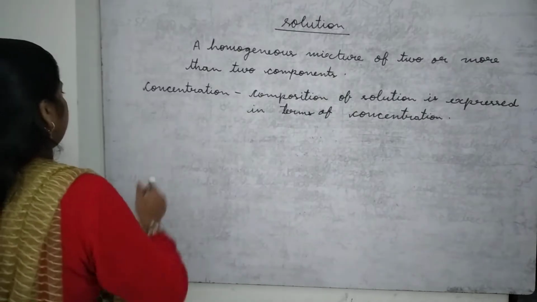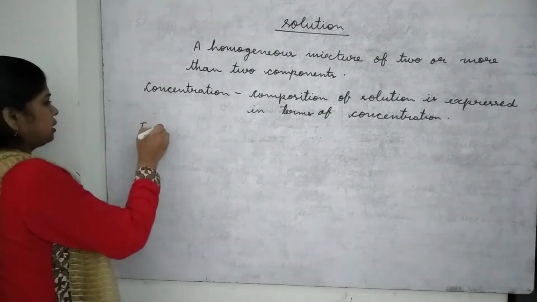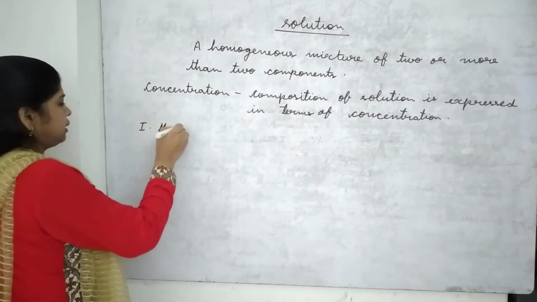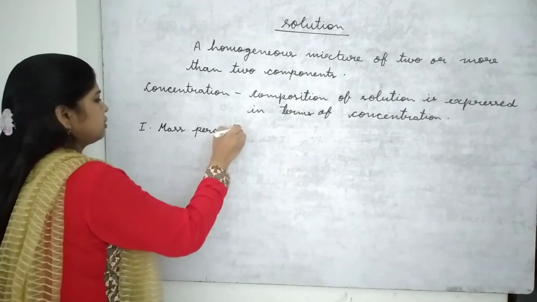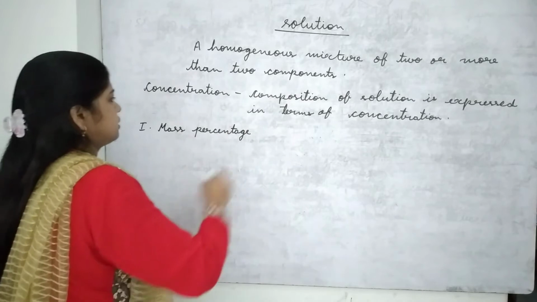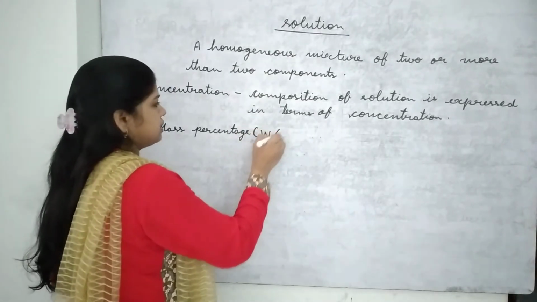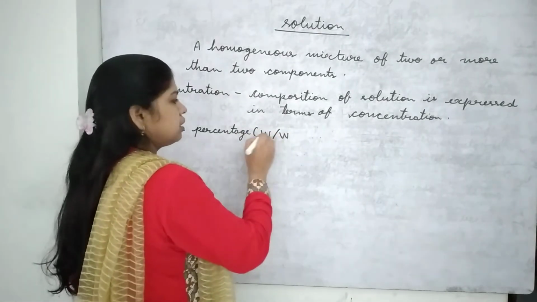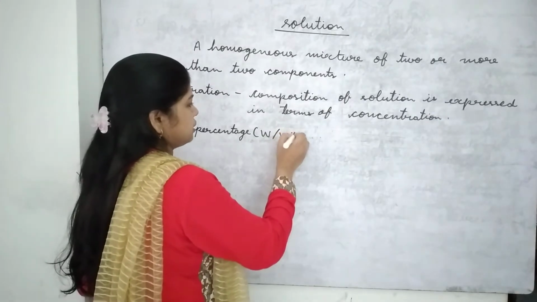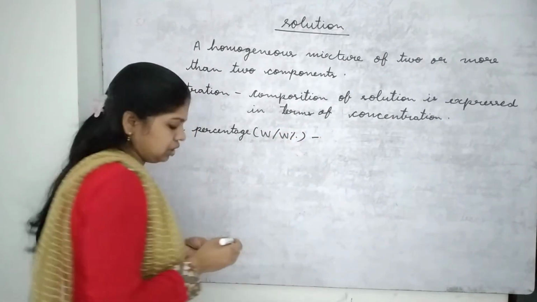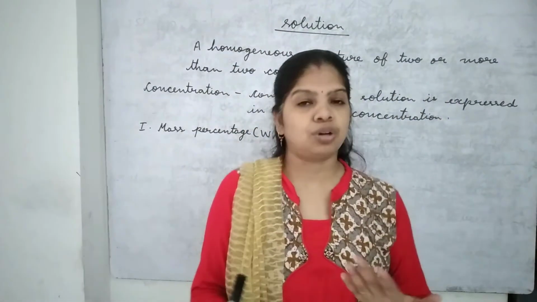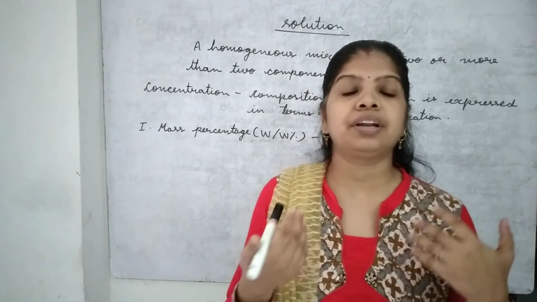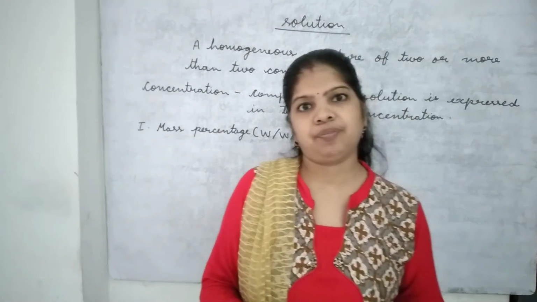So first of all, I'll discuss mass percentage. Mass percentage is symbolized as W/W percent. Suppose we are going to prepare a solution like glucose solution or 0.9% salt solution.